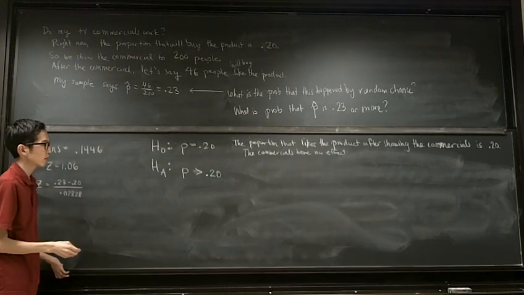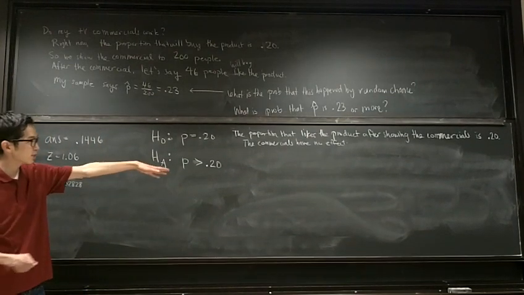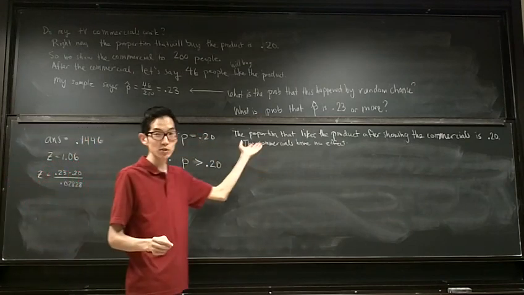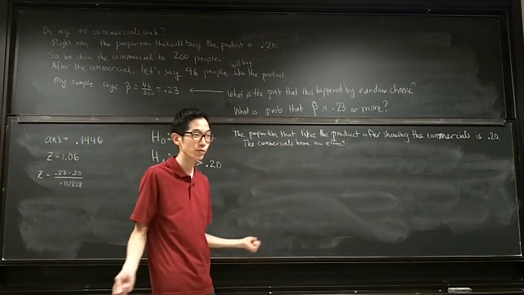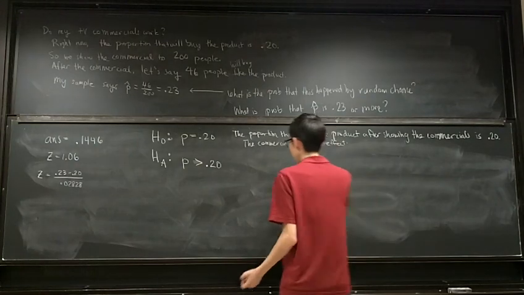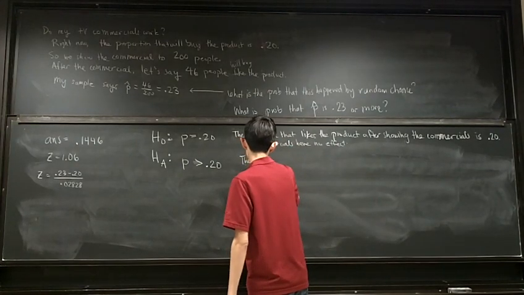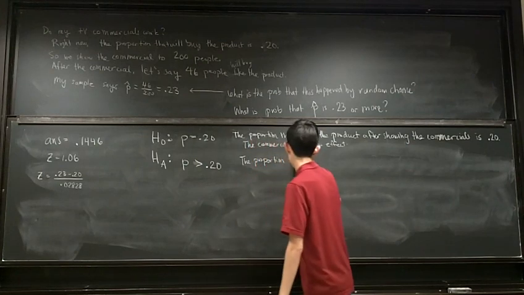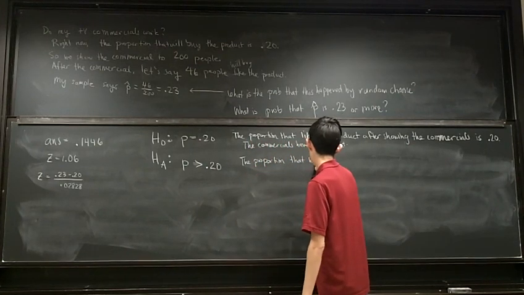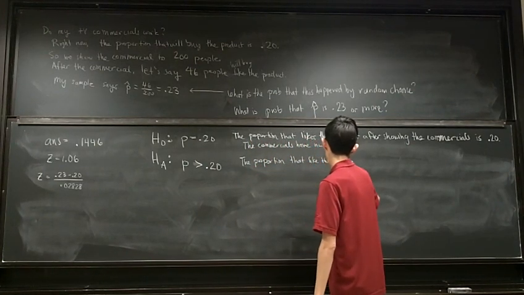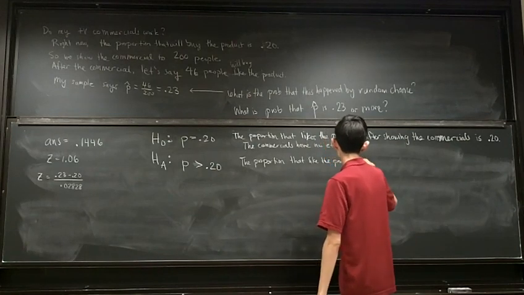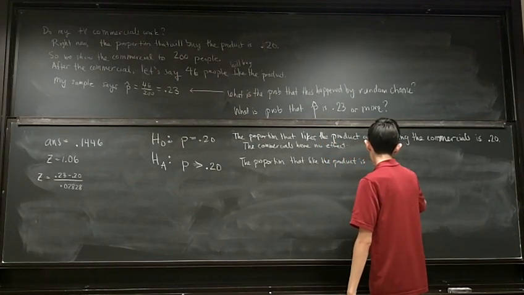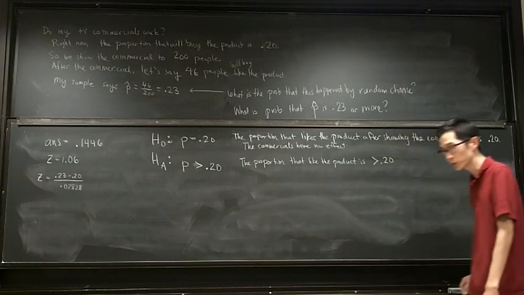That is, the proportion that likes the product after showing the commercials is greater than 0.2. That's what I'm hoping for, right? It's greater than 0.2.